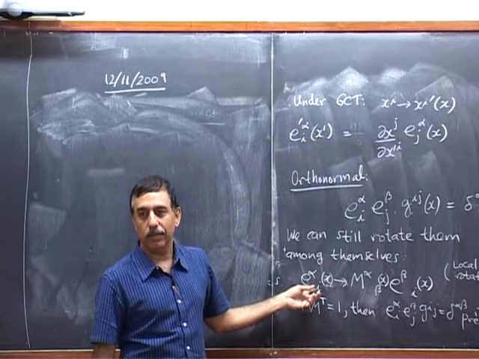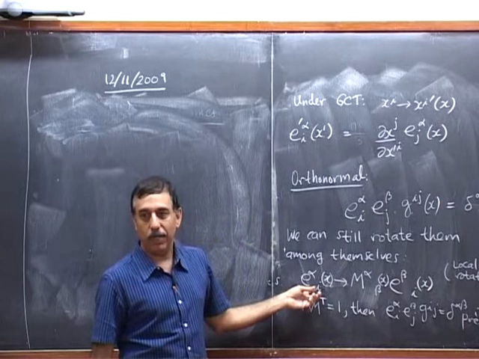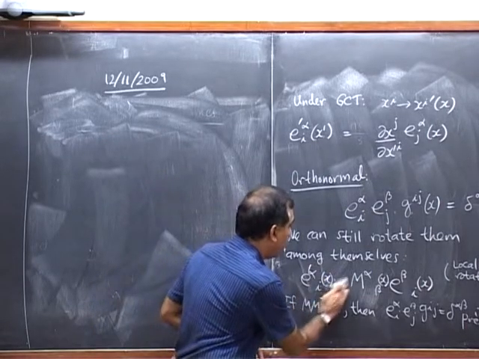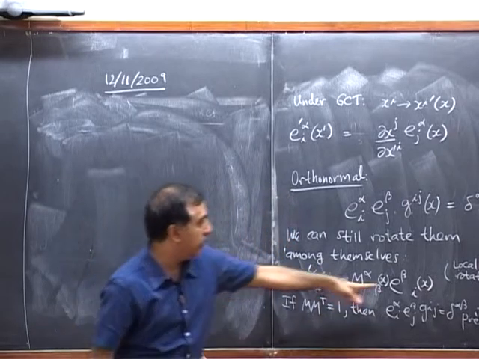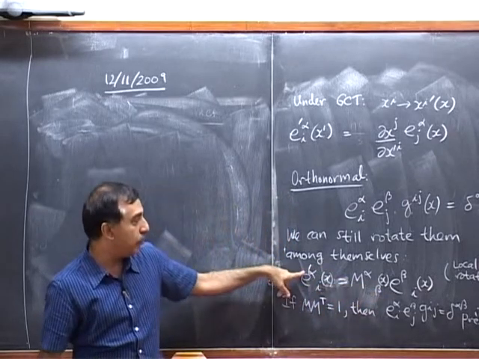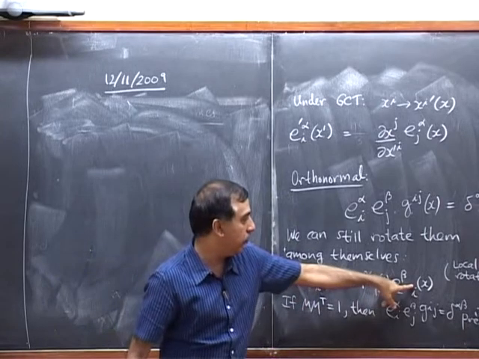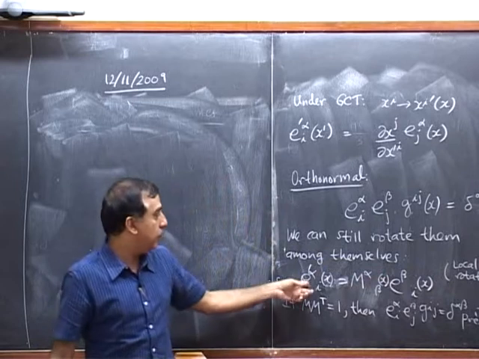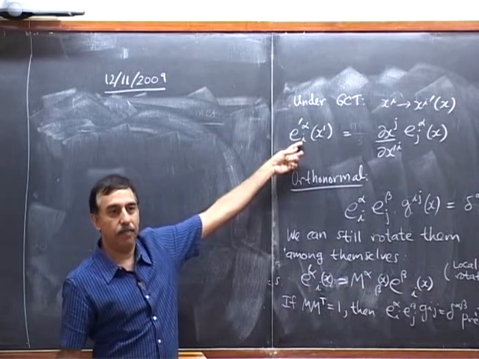Here nothing is being done to the coordinates. Same coordinates before and after. We may still refer to the left side as E prime and write this equation, E prime is equal to that. But it's not E prime obtained by a general coordinate transformation from E, but by a local rotation from E. So this E prime has a different meaning from this E prime.